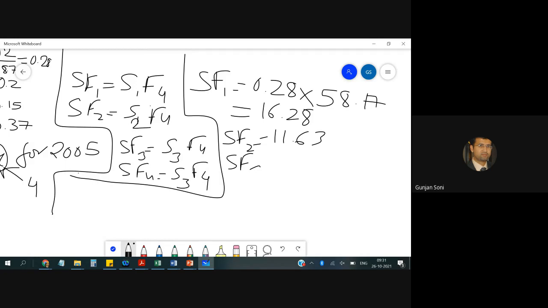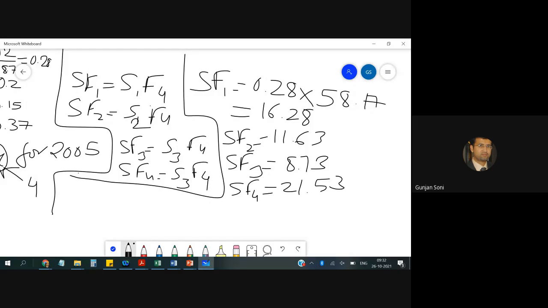SF3 will be 8.73. And SF4 will be 21.53. You get that? So what does this indicate? This indicates seasonality incorporated demand.